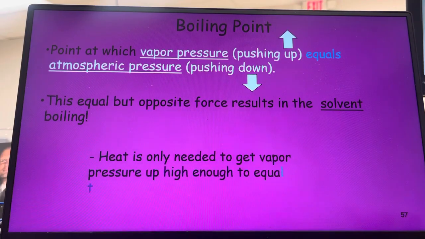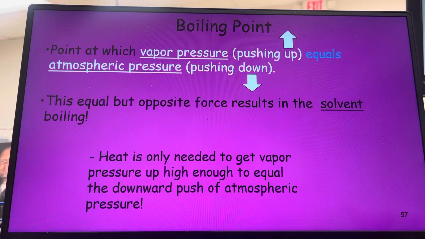So heat is only needed to get vapor pressure up high enough to equal the downward push of the atmospheric pressure. Once that happens, bubble, bubble, bubble, toil and trouble. Anybody know the reference? Shakespeare? Okay.